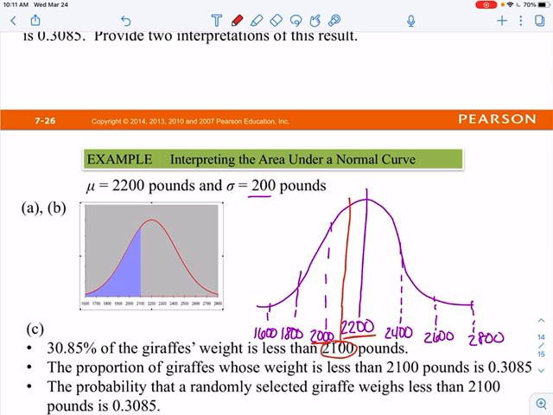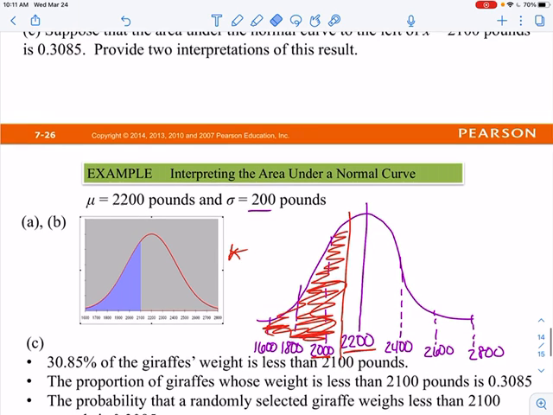That red line represents your 2,100 pounds, which I just circled in that other thing there because I was running out of room. We want to shade the area to the left of that. So literally all I'm going to do is color in that left-hand side of the graph like that. So that's how I got that. Okay, so that's part A and part B. Erase that circle there so you can see it.